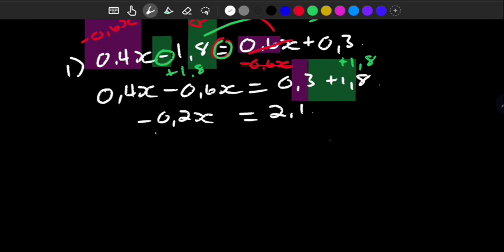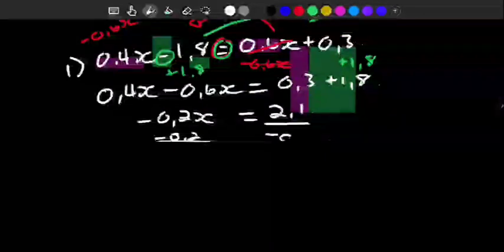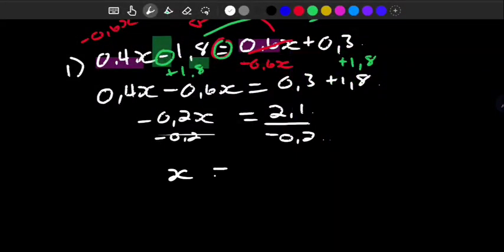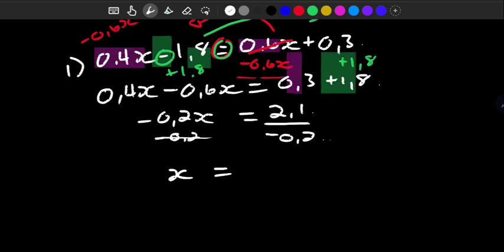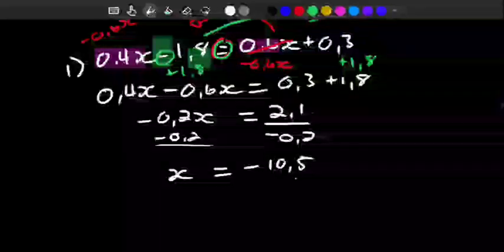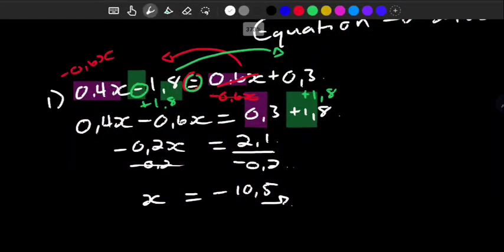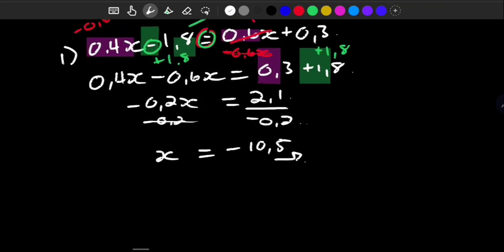Divide by negative 0.2 there, divide by negative 0.2, then you have x equals to negative 10.5, right? A lot of colors, very messy, a lot happening here, but it's our first one and I just wanted to show you how it works.